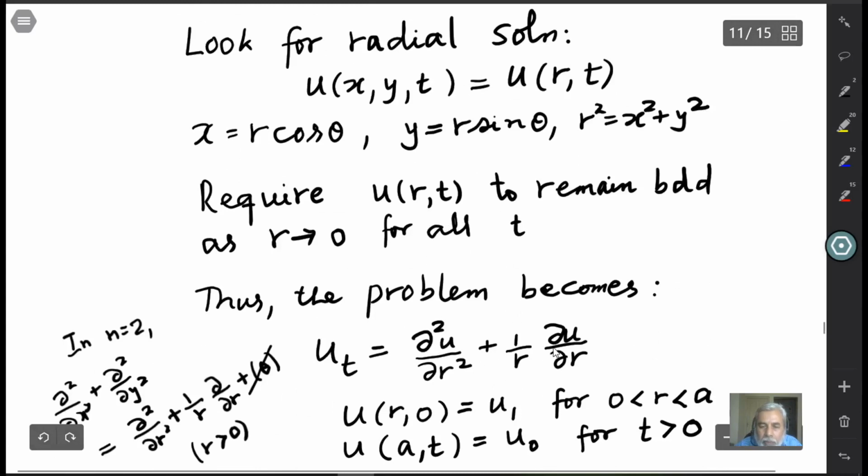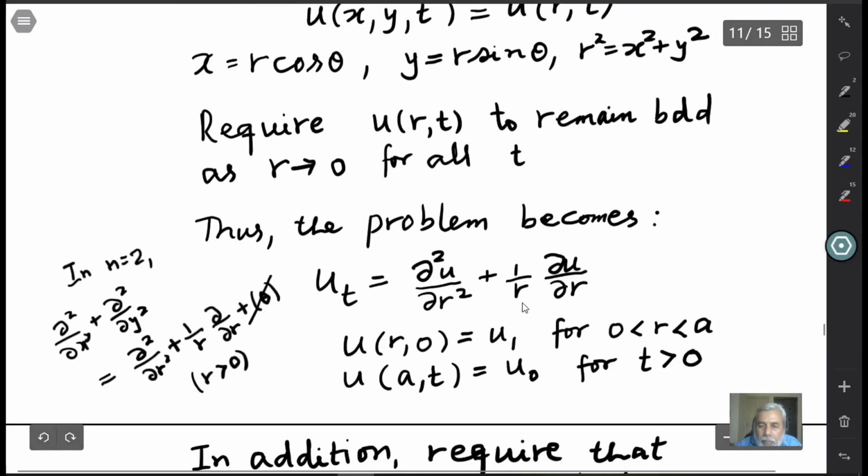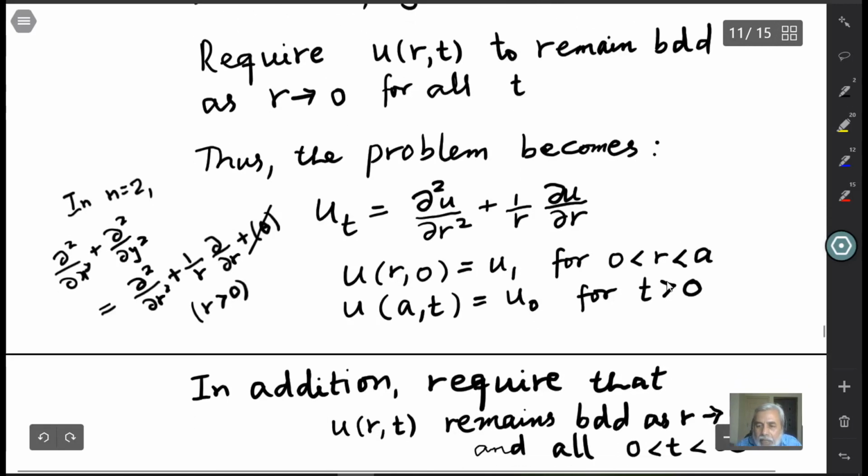Then the problem reduces to this heat equation in r,t coordinates: u_t is equal to del square u by del r square plus 1 by r del u by del r, and the initial condition becomes u(r,0) equal to u1 for 0 less than r less than a. Again I am avoiding r equal to 0, but we should look for a solution which remains bounded as r tends to 0.